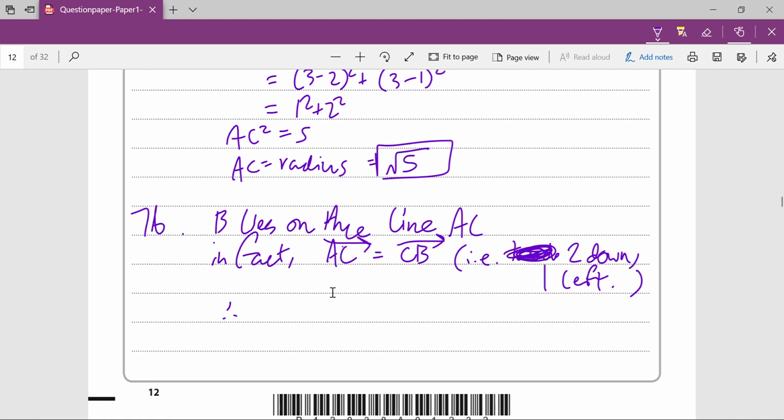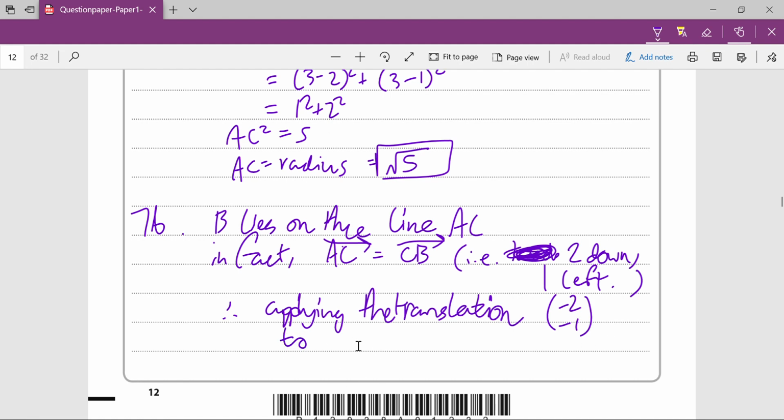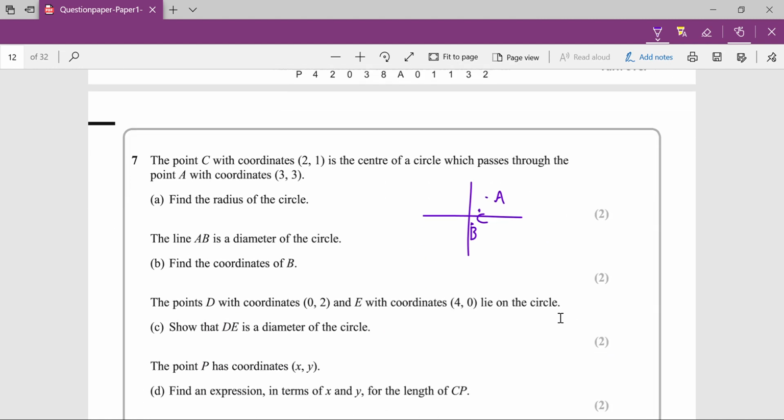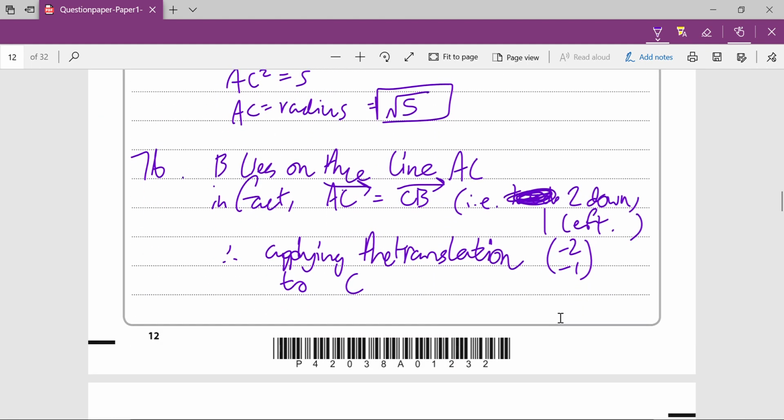Therefore, applying the translation of 2 down and 1 left to C, which is at the coordinates 2, 1, will give B.